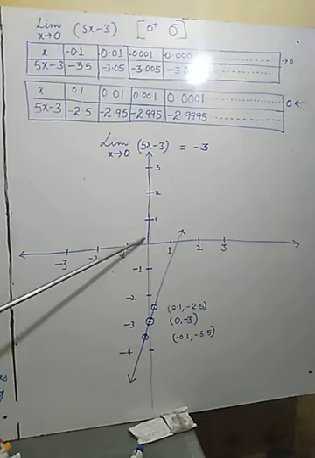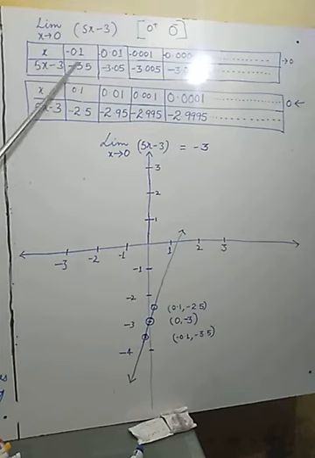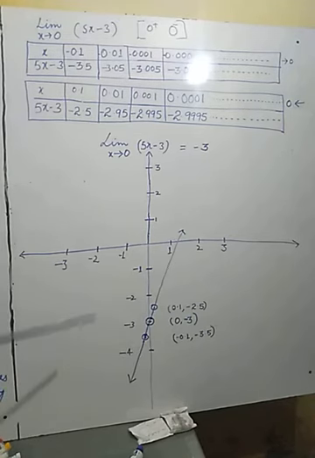So this value is taken minus 0.1 here, and on the y-axis it is minus 3.5. So minus 1, minus 2, minus 3. So where will minus 3.5 be? Between minus 3 and minus 4. It will be here.